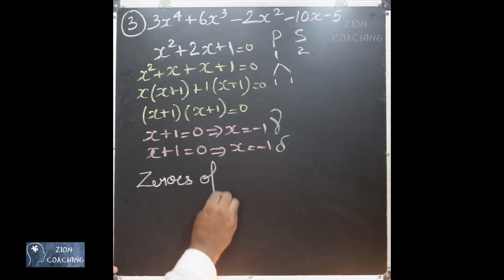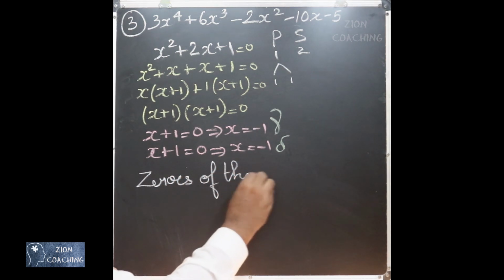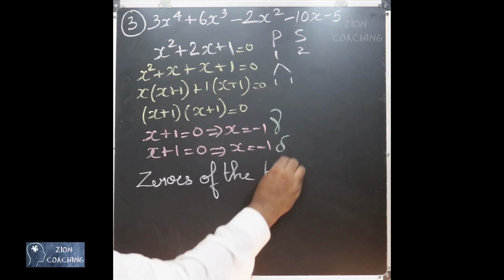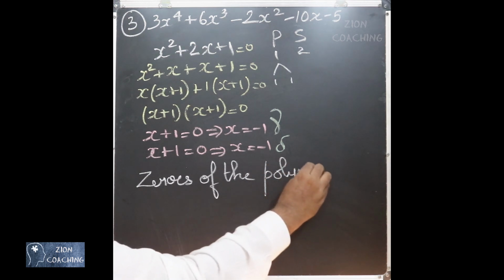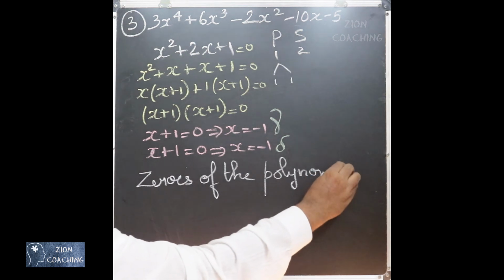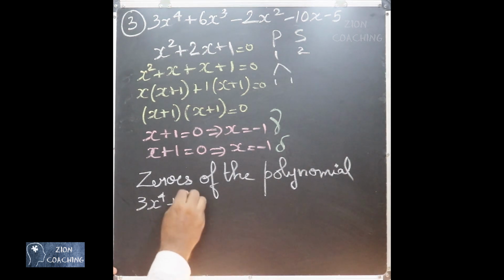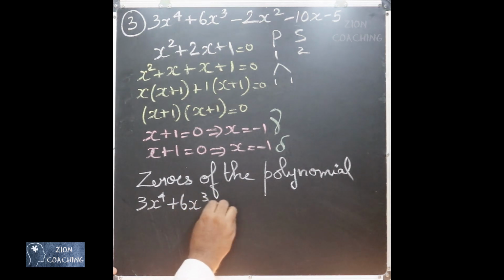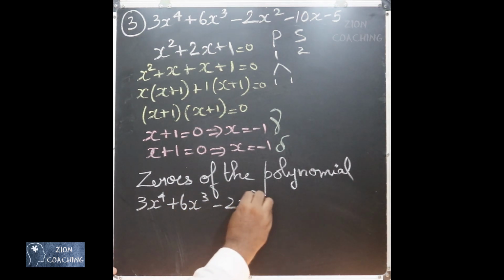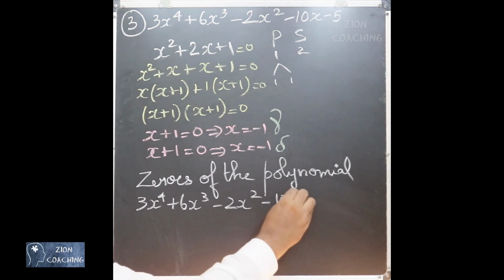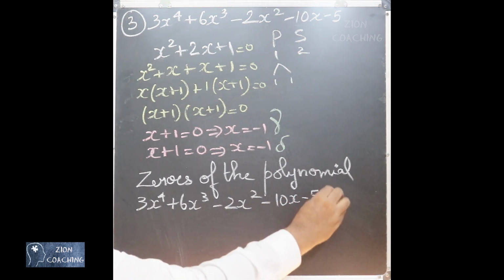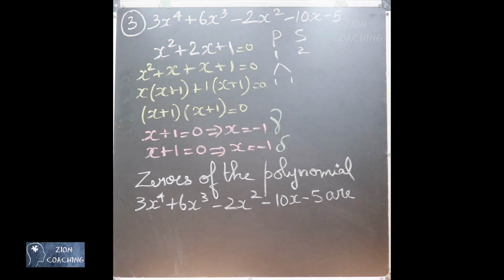Zeros of the polynomial 3x power 4 plus 6x cube minus 2x square minus 10x minus 5 are, write them one by one.